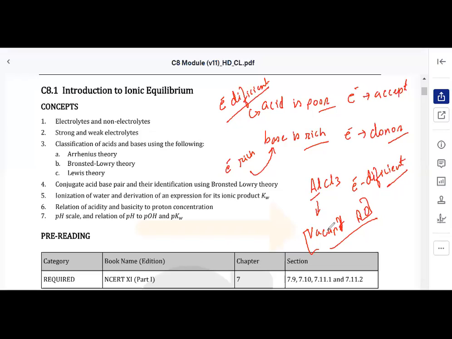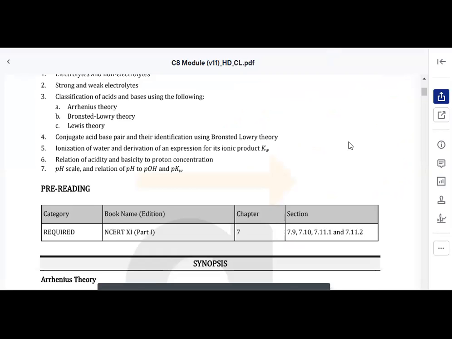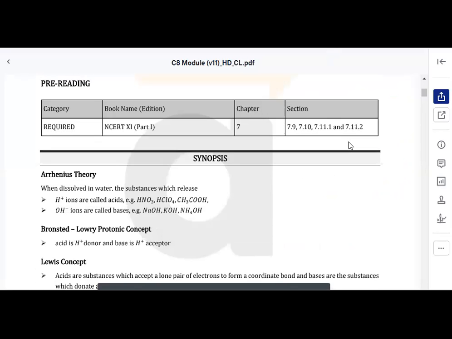Yes, very good, Lewis acid. Anyways, the concept of Lewis acid and Lewis base will not be used in this chapter. It will be used mainly for organic chemistry or chemical bonding. We will focus on the Arrhenius concept and the Bronsted-Lowry concept. From NCERT, you have to read till section 7.2.